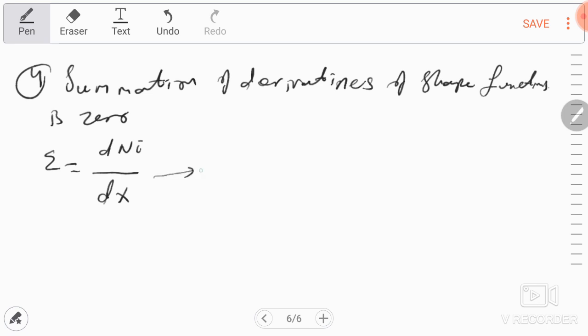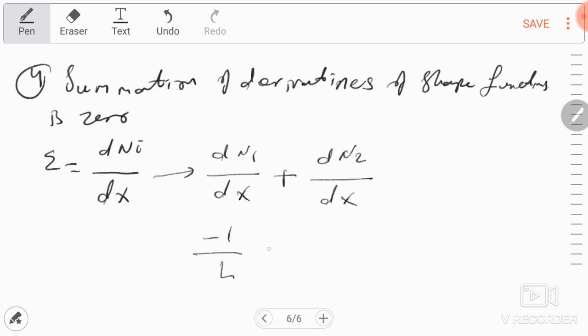So dN1 for node number 1 over dx plus the derivation for node number 2 over dx. Just substitute your values here: equal minus 1 over L plus 1 over L, which equals 0.